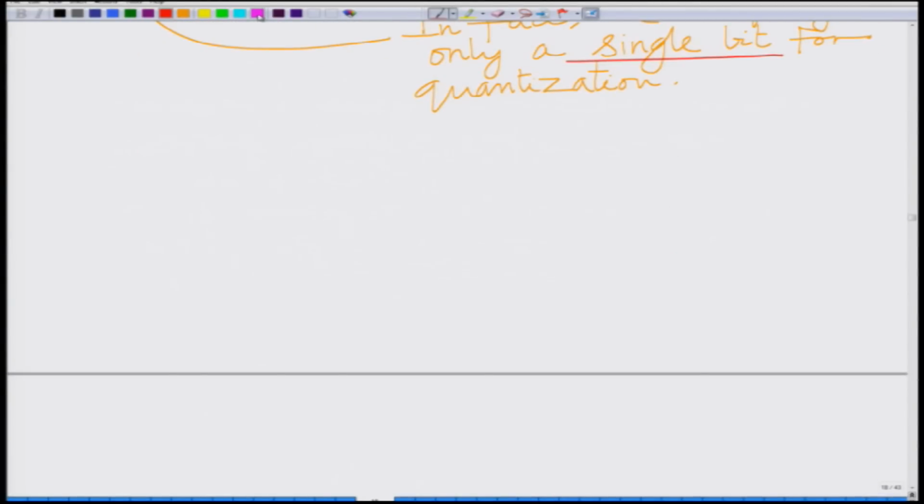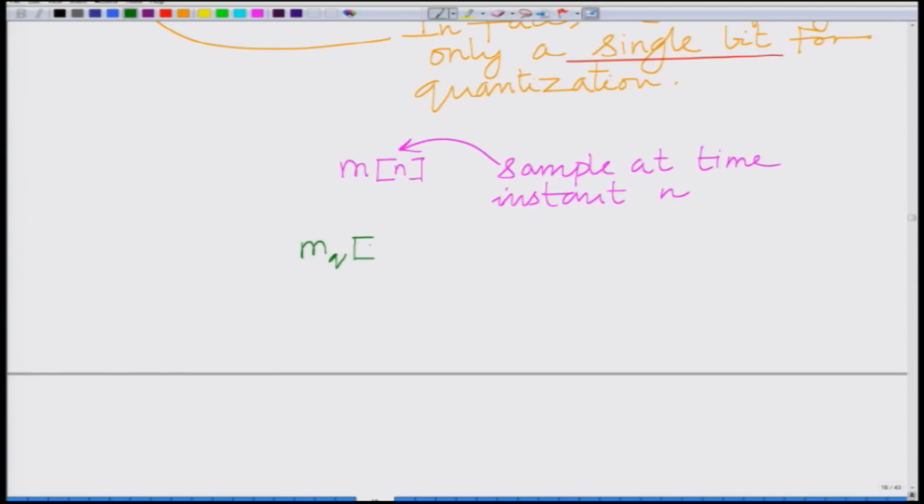Let us start with M[n]. We know M[n] is the sample at time instant n. Now, let MQ[n-1] be the approximation.